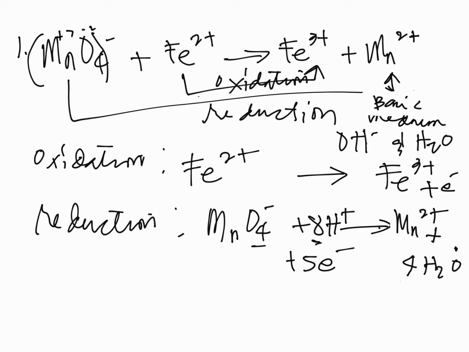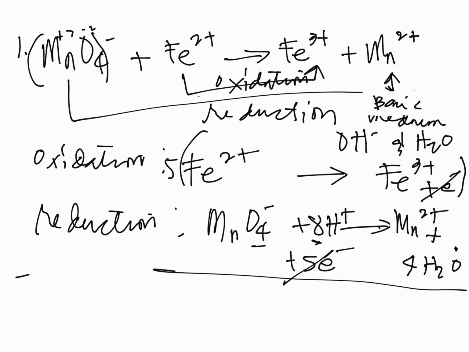Okay, so balanced. Then next thing that you're going to do is match the electrons. You multiply the oxidation half reaction of Fe by 5 to make it 5 electrons, so you can cancel them. So you rewrite the equation.